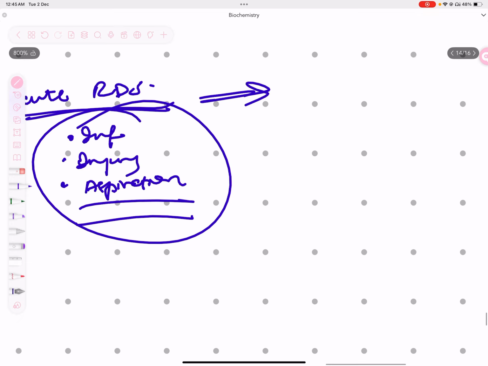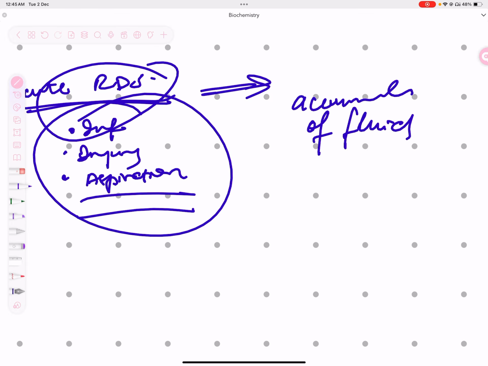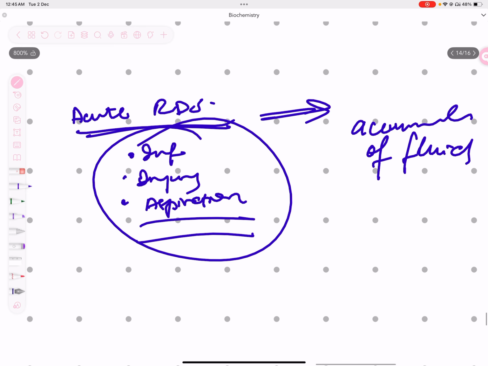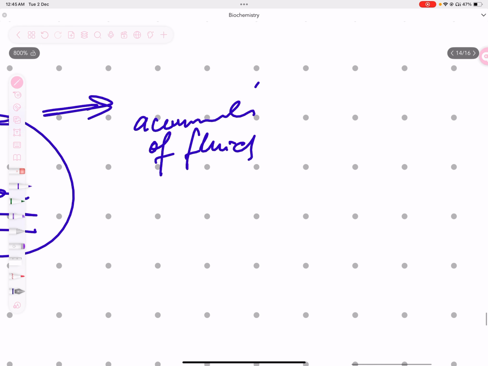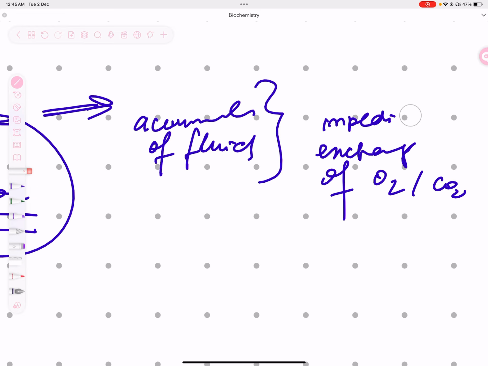That accumulation of fluid is also known as acute RDS, and this is seen in people of all age groups. So when there is accumulation of fluid in alveoli, what do you think will happen? This will impede the exchange of oxygen and carbon dioxide, right? So yeah, this is what happens.